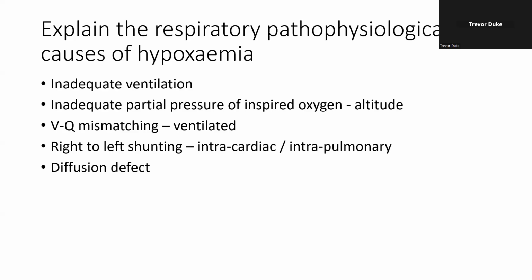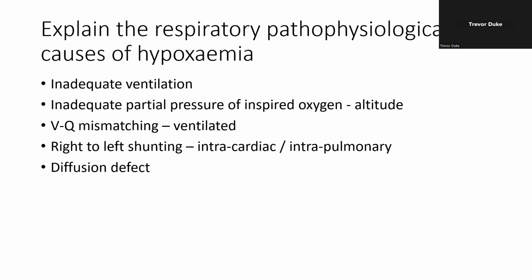And so that's intrapulmonary right to left shunting. Now, of course, there can be intracardiac right to left shunting, where instead of blood flowing out the pulmonary artery and then back through the pulmonary veins after becoming oxygenated, blood can flow from the right ventricle back into the left side of the circulation.